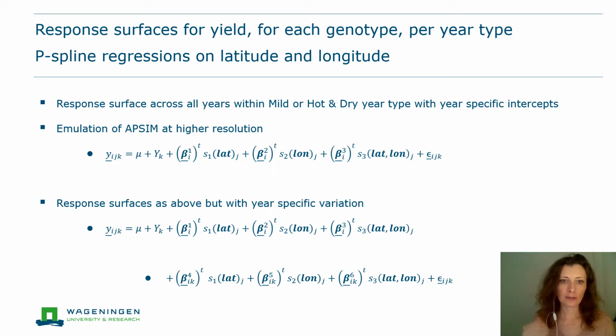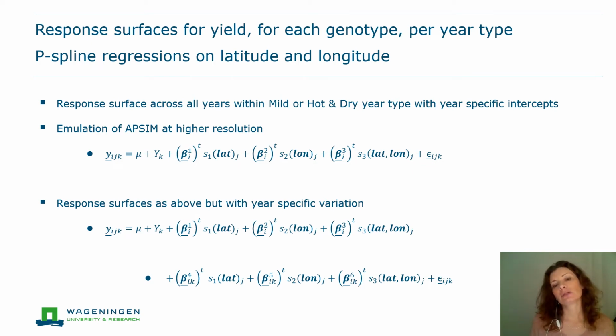So the model looks like the one at the top, in which we have the response of the genotype as a function of years as fixed effect, and then we had a number of random terms that were related to the spline. So on one hand we had the latitude, then we had the longitude, and last we had the interaction between latitude and longitude. So this was done for all years simultaneously, like the model shown at the top.